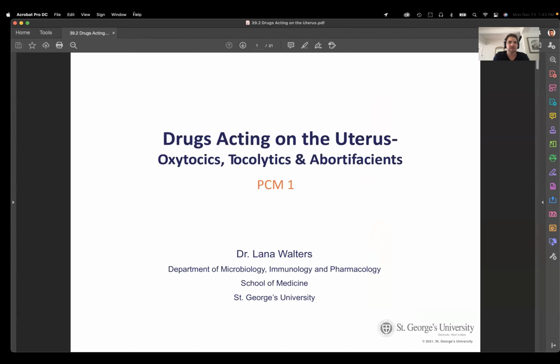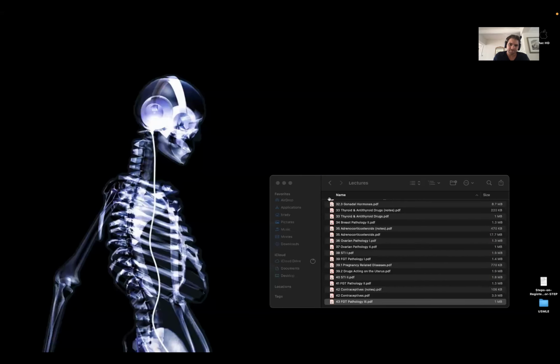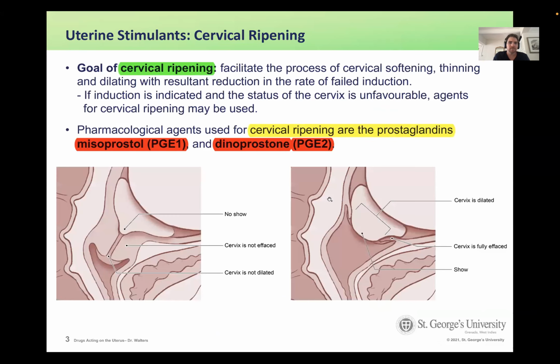And then some of these drugs that we can use. We'll quickly go through these. Cervical ripening, uterine stimulants: misoprostol. Remember, it's a prostaglandin analog. It can be used as an abortifacient, but it can also be used for cervical ripening.